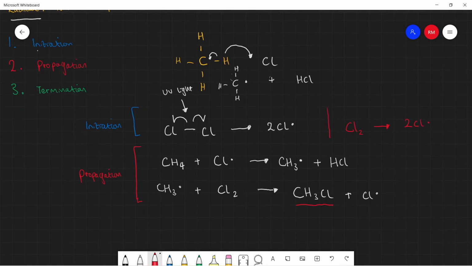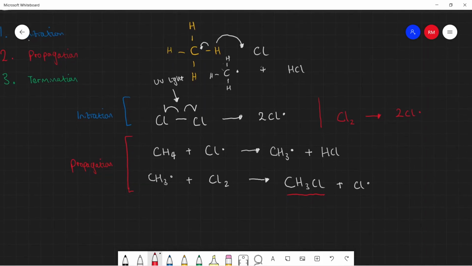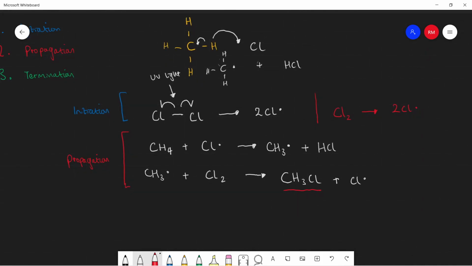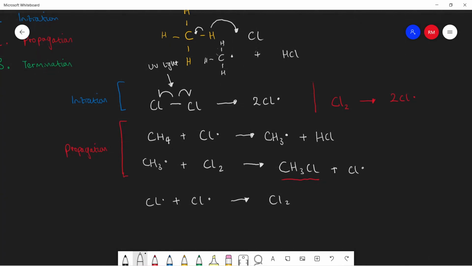So you can see how this reaction could continue on for a large amount of time. Maybe this chlorine radical finds another chlorine radical, and they both react and form our Cl2 molecule again. Or maybe our methyl radical here doesn't react with another chlorine. Instead, perhaps our methyl radical reacts with another methyl radical.